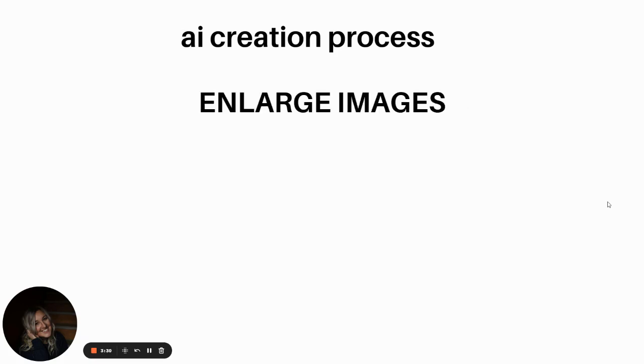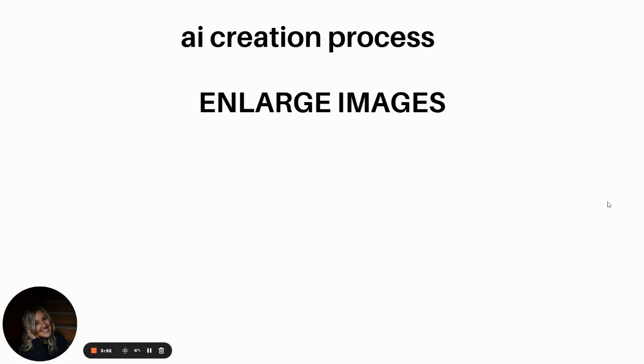The second part of being able to be in a position to copyright is you need to have good images. And so for the AI creation process, we need to put our images into another site that's going to enlarge them. I have Photoshop. I also have access to bigpng.com. You can Google this and find a lot.